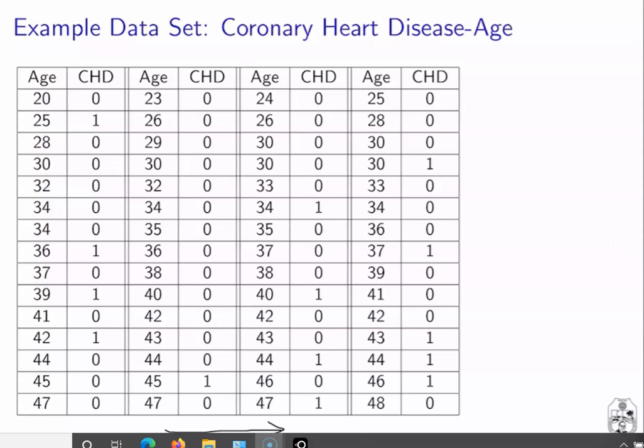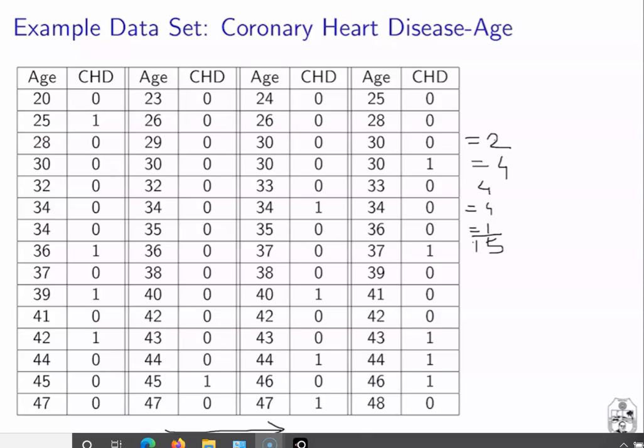In the age group 30 to 34, there are two entries here, then four entries here, then again four entries, then again four entries, and on this there is one entry. So 4 plus 4 plus 4 is 12, plus 2 gives 15 entries.